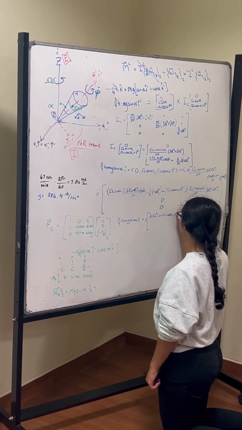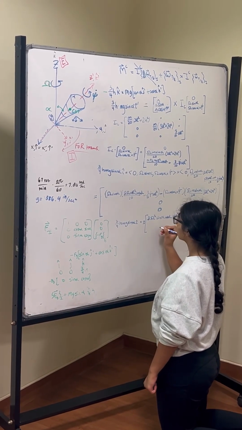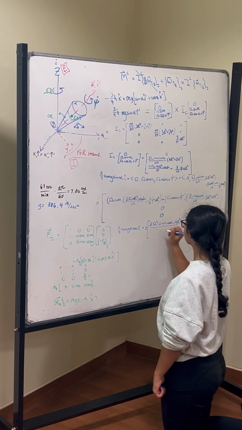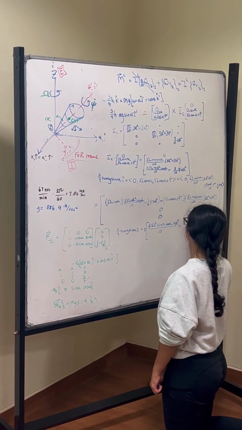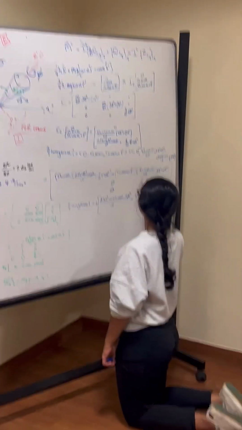It should be. I think the goal of the rotation matrix is to define the force in terms of the I prime hat, J prime hat, K prime hat system.